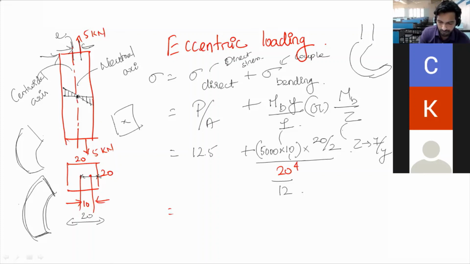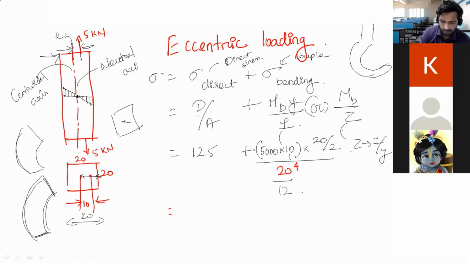So what is the final value? 50, sir. 50 Newton per mm square. The 12.5 was there; does only this come to 50? 37.5, sir. Okay, 37.5.